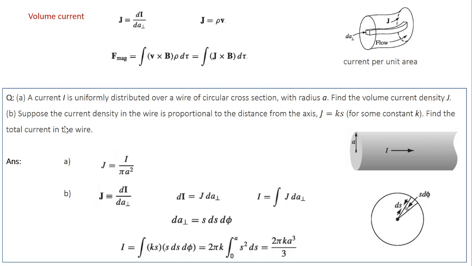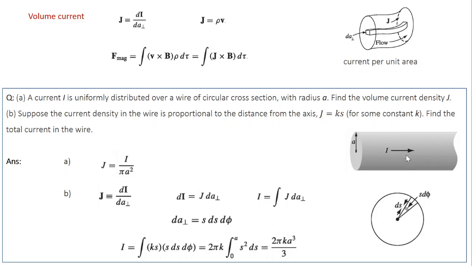Let's do a quick problem. Current I is uniformly distributed over a wire of circular cross section with radius a. Find the volume current density J. So I have a cylindrical wire here. There is a uniform current I flowing through it.